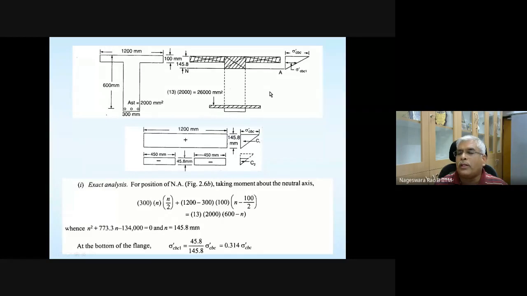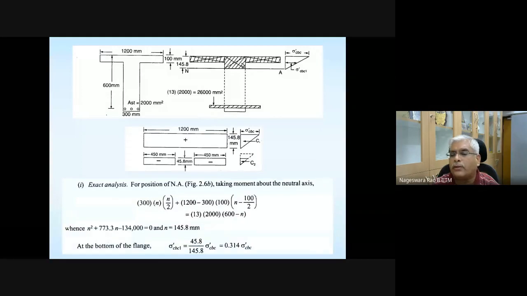So the next step is to calculate the location of the resultant compressive force. To do that, we need to take the moment of the total compression with respect to the neutral axis, and then divide that moment by the compressive force.